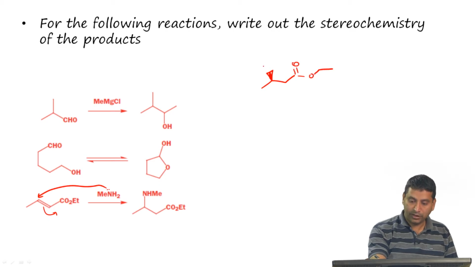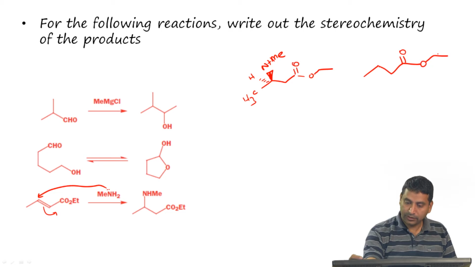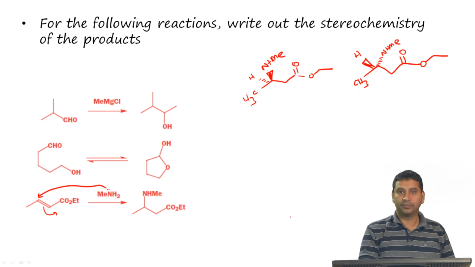You have NHMe like this, and the hydrogen can be inside, or this methyl group here, or NHMe can approach from the bottom and the hydrogen goes to the top and the methyl group is here.